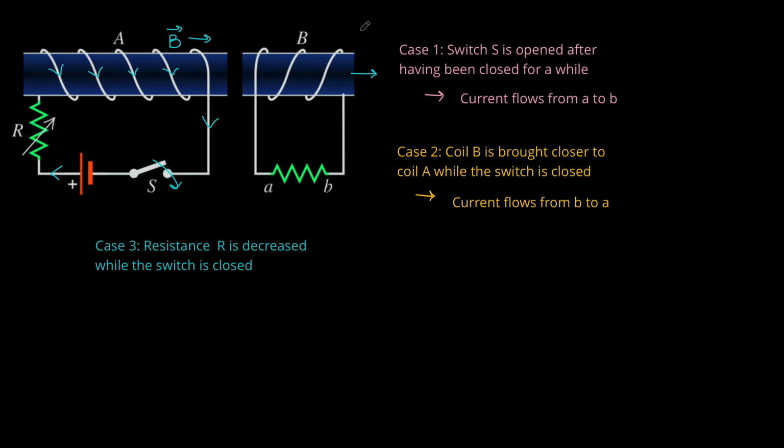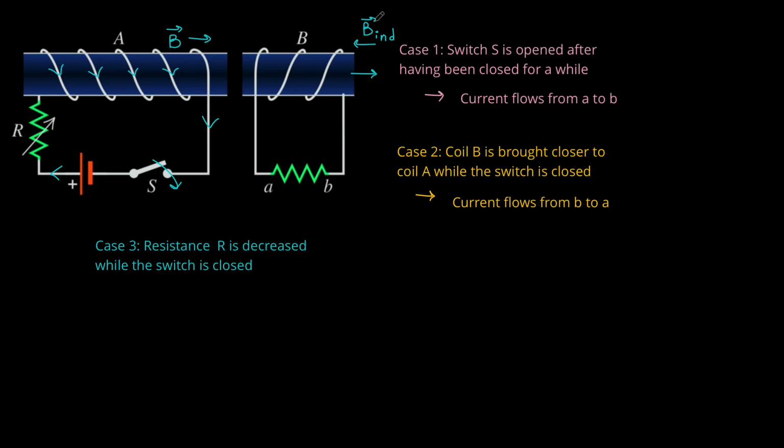And again, to oppose that effect, coil B will create an induced magnetic field in the opposite direction to undo that change. Basically, the flux is increasing, so the coil will create an induced field in the opposite direction in an attempt to go back to its initial state.